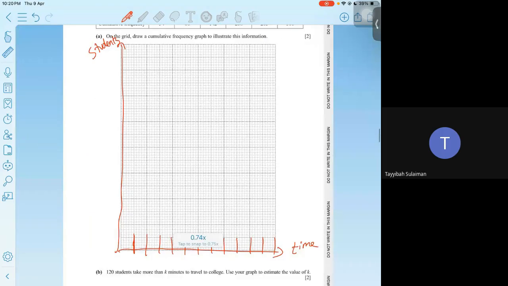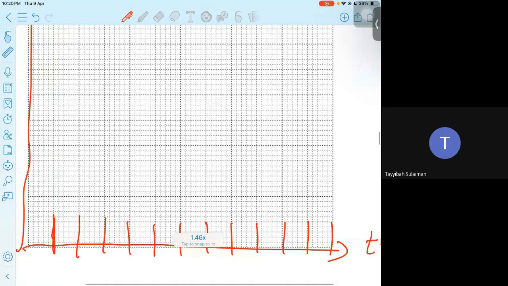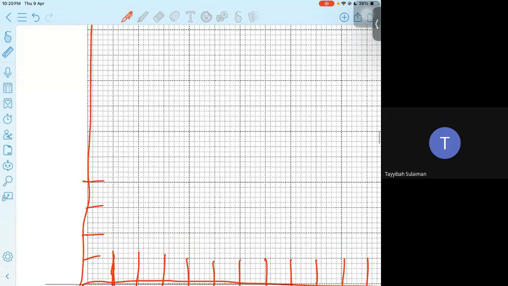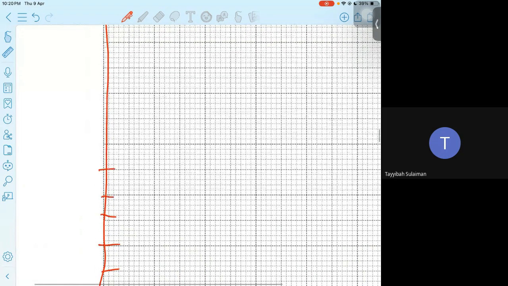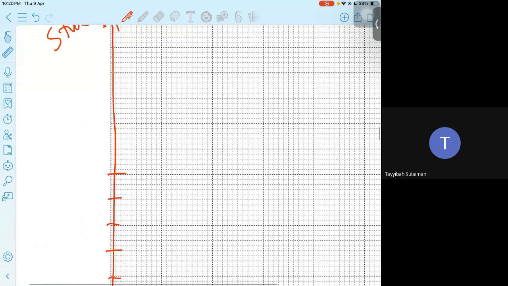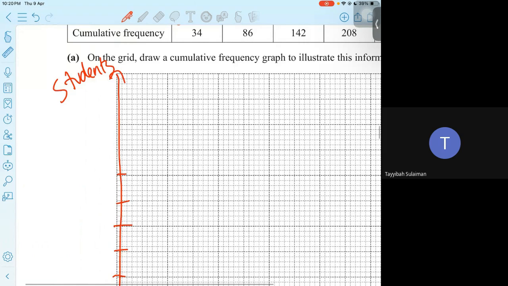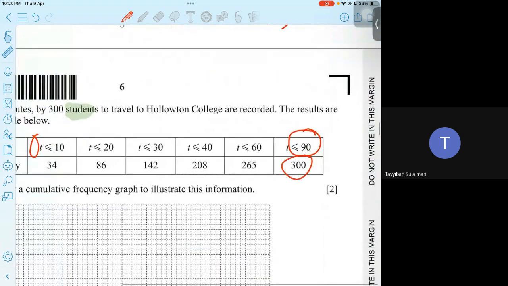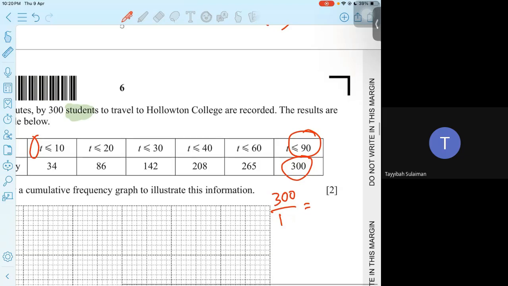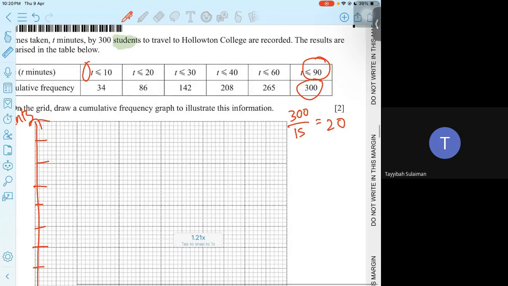Similarly, on the upper end, you have 1, 2, 3, 4, 5, 6, 7, 8, 9, 10, 13, 14, 15, 16. Since I have 300 over 16, that is going to be something just below 20. So what I'm rather going to do is just use 15 boxes and make it intervals of 20. Does that work? That is one way of doing this.